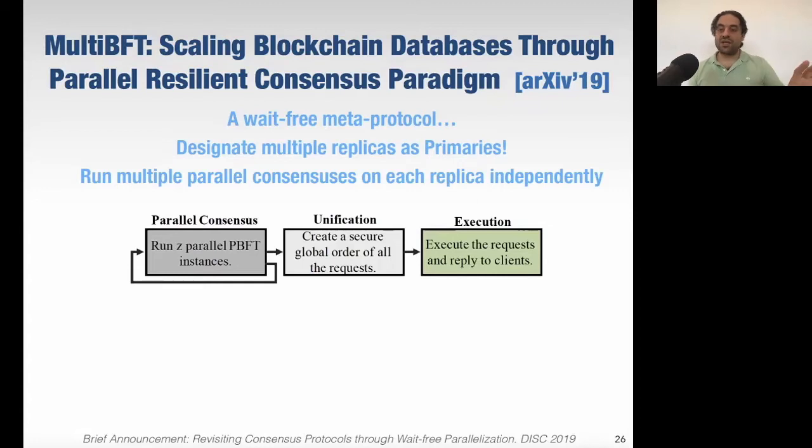Once each election is run in parallel, there's a step of unification to ensure that every replica is aware of the outcome of all elections in terms of the ordering of the transactions. And once the unification is completed, then the execution can take place. But the interesting thing is that the parallel consensus running these multiple elections can continuously run, and in a delayed form, the unification and execution get completed as well.